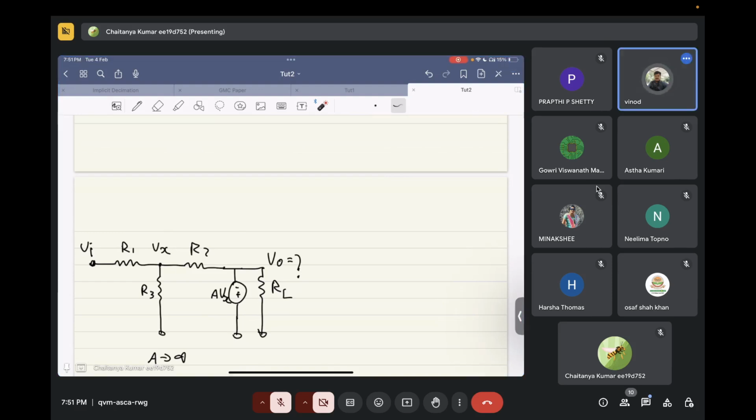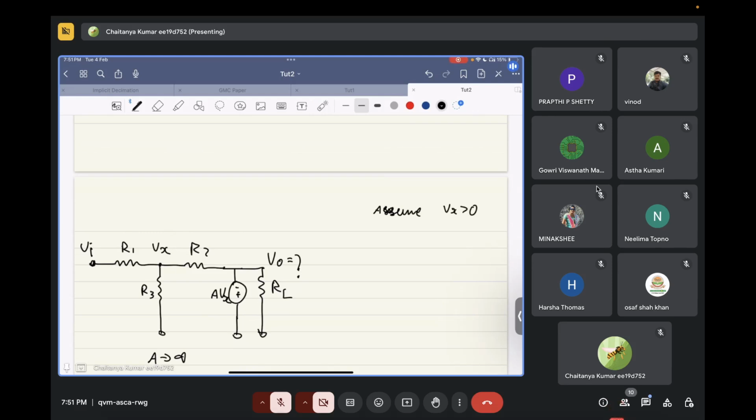Let's say again, assume Vx is greater than zero. What will be A times Vx? What will be the output voltage, V naught?